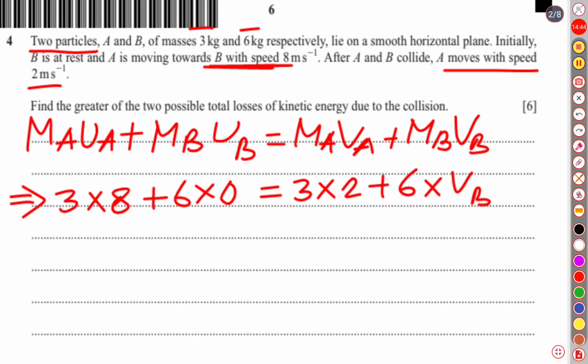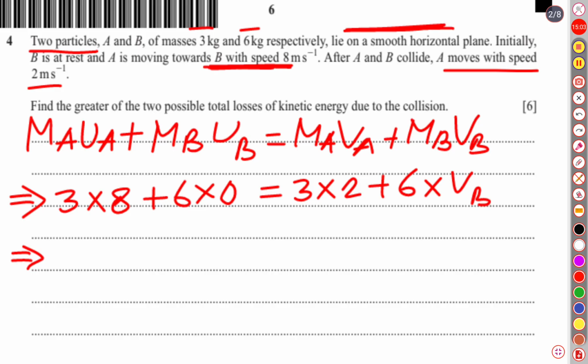Now you may raise a question: how can the initial velocity, this 8 meter per second, be the velocity just before the collision? Look, it is written that the plane is smooth.